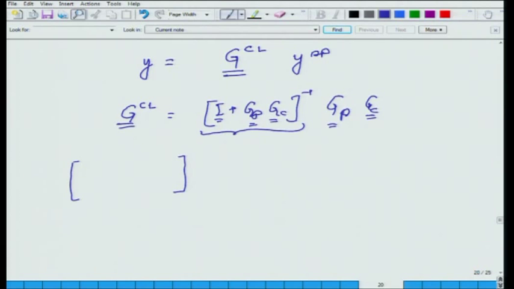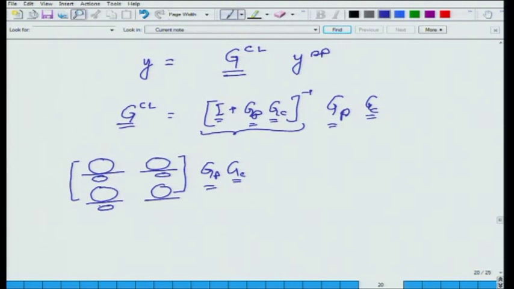inverse matrix, and this inverse matrix will have 4 terms, 1, 2, 3, 4, and then of course there will be this inverse matrix times GP GC. This inverse matrix will have, as the denominator, a term which is common to all of them.